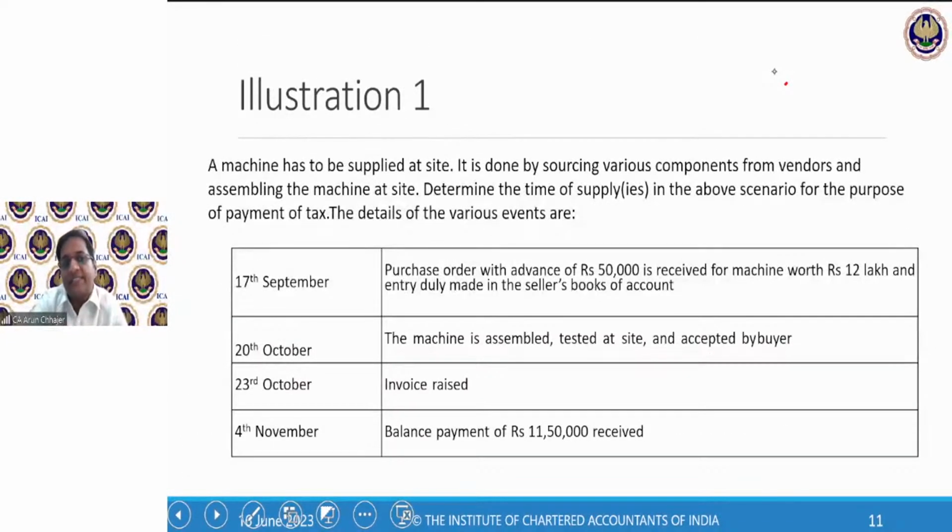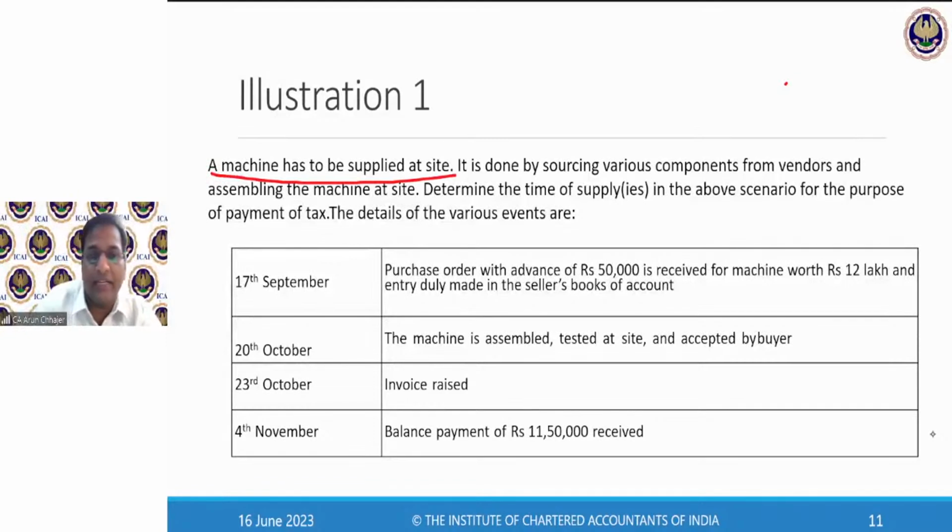Now, let's read the example. All are requested to read the example. A machine has to be supplied at site. It is done by sourcing various components from vendors and assembling the machine at site. Determine the time of supply in the above scenario for the purpose of payment of tax.